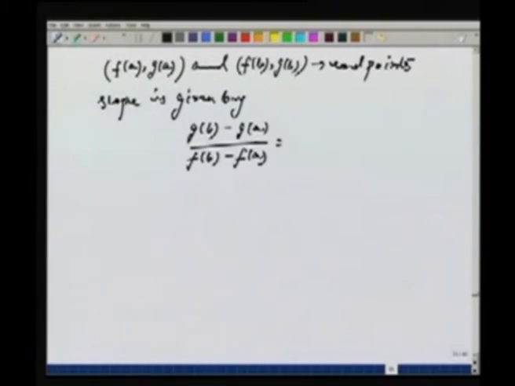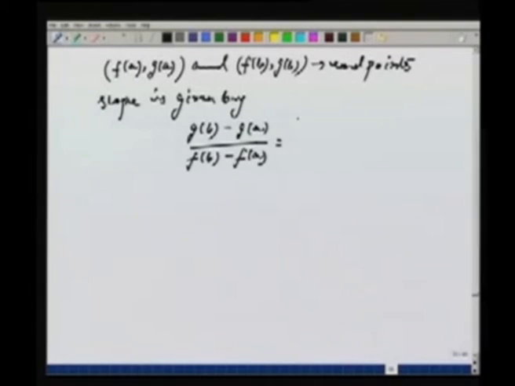And then Cauchy's mean value theorem says that this slope is actually the same as that, pretty similar to the usual mean value theorem.